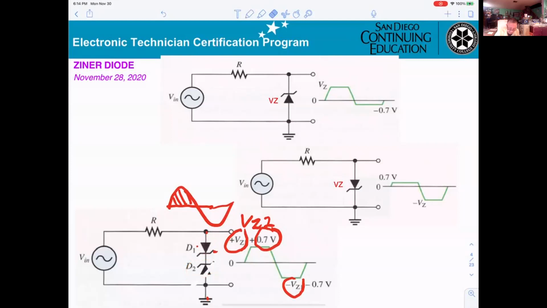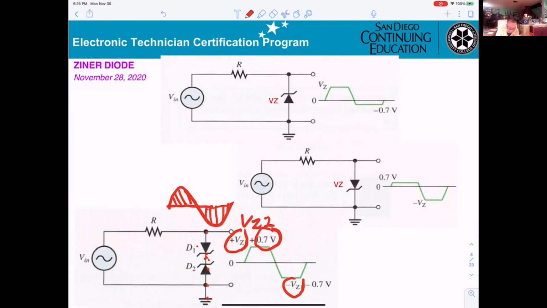Okay, now I'll explain the second one. Right now we go to negative here. This is the negative and this is the ground. So this D1 will break down. However, for D2, you get a negative here and 0 ground here, so D2 will be on.